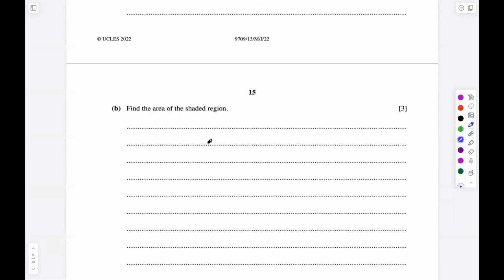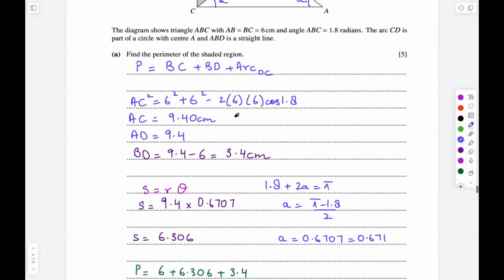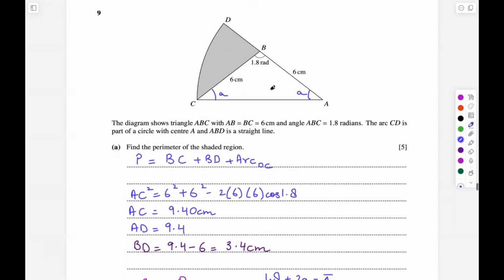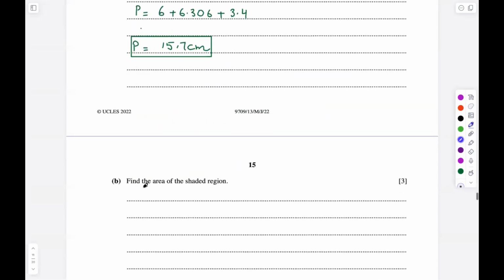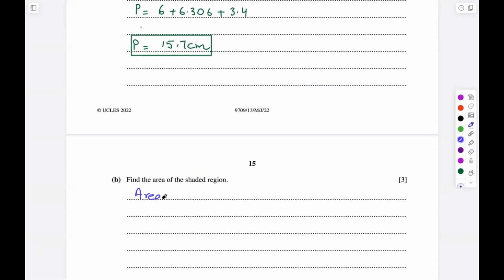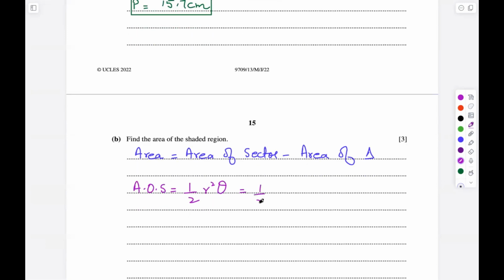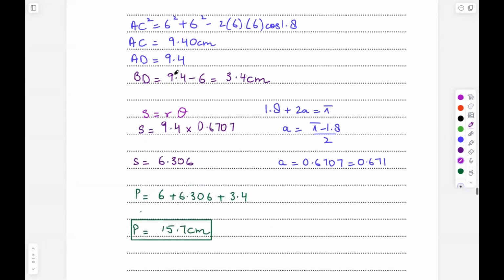In part B, we have to find the area of the shaded region. Now to find the area of the shaded region, we can find the area of the complete sector and then subtract from it the area of the triangle. So the area will be equal to area of sector minus the area of triangle. Now to find the area of the sector, we'll apply the formula: area of sector will be equal to 1 upon 2 r squared theta. So the radius of the sector was 9.4 centimeters.